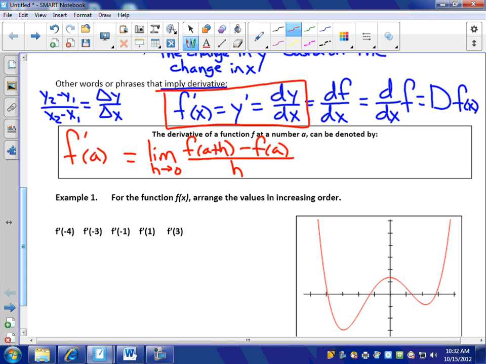Now, I'm going to write one more part here so that we connect everything that we've learned. The slope of the what? The slope of the tangent line at point a.